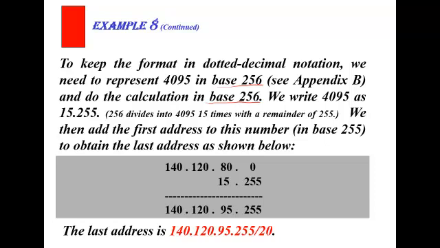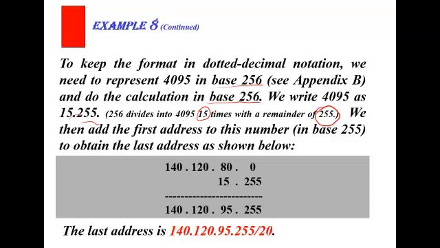So if we write 4095 as 15.255, how do we get this number? If we divide 4095 by 256, the quotient will be 15 and the remainder will be 255. So we can write it in the IP address form 15.255. This is the philosophy of this base 256 method.